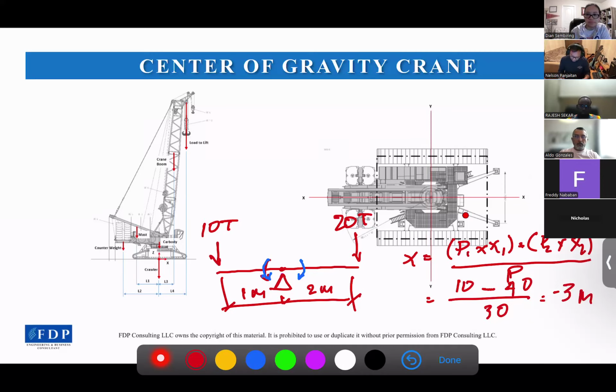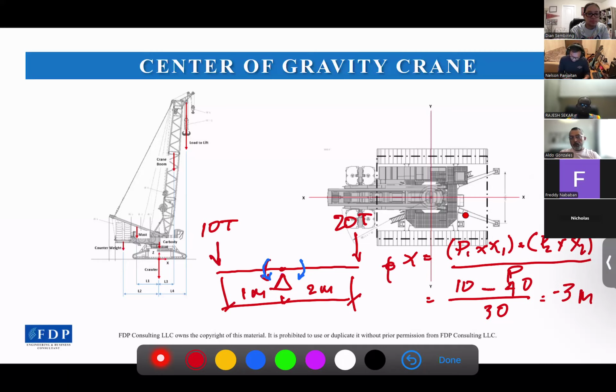So the COG will be out here, somewhere here, correct?